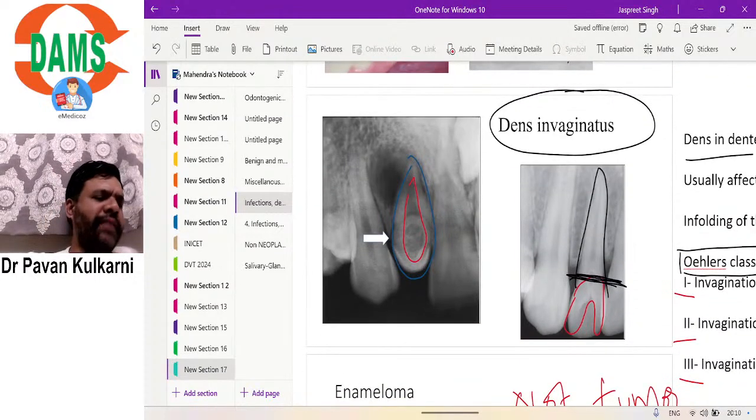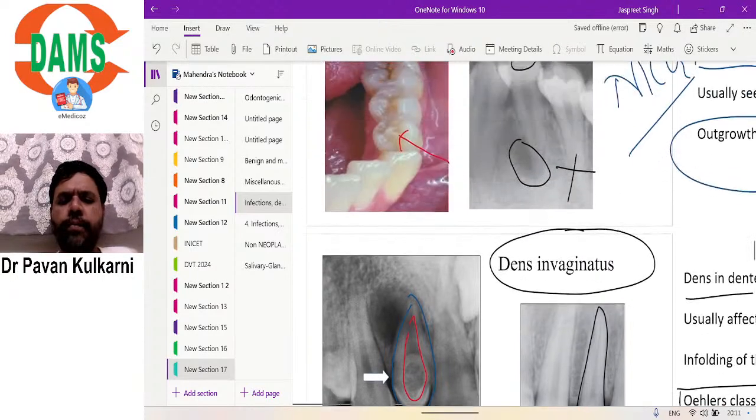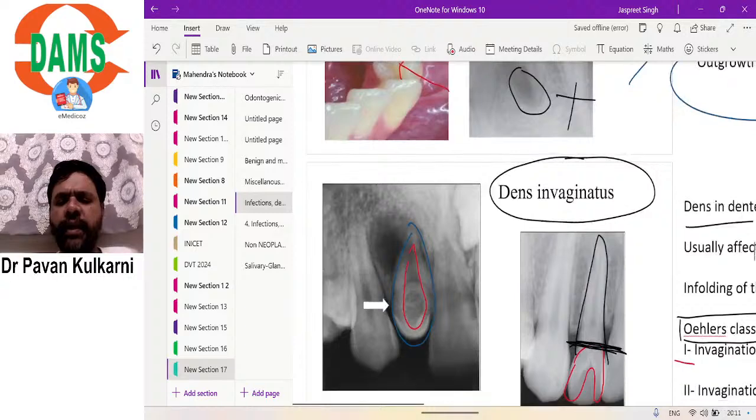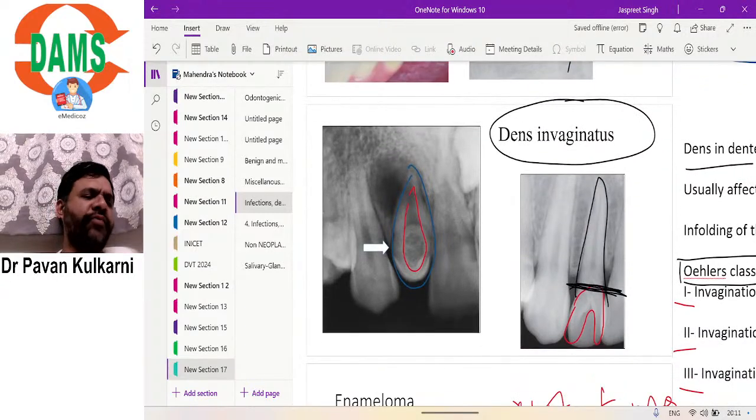This is a dens invaginatus. What are we supposed to remember in dens invaginatus is that it typically occurs as if one tooth is enclosed within another tooth.